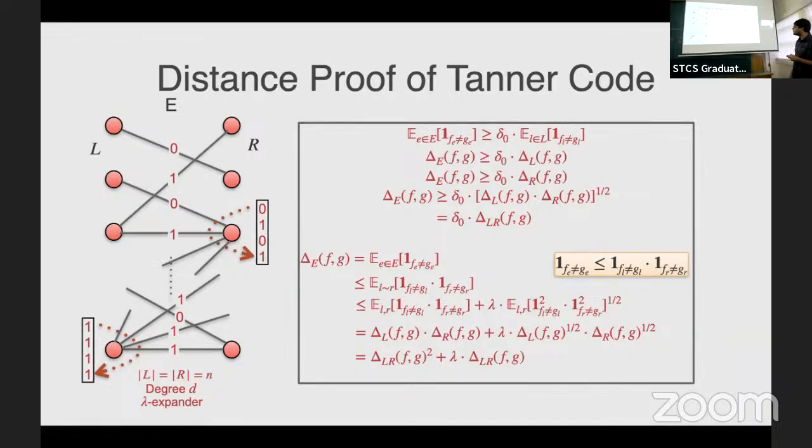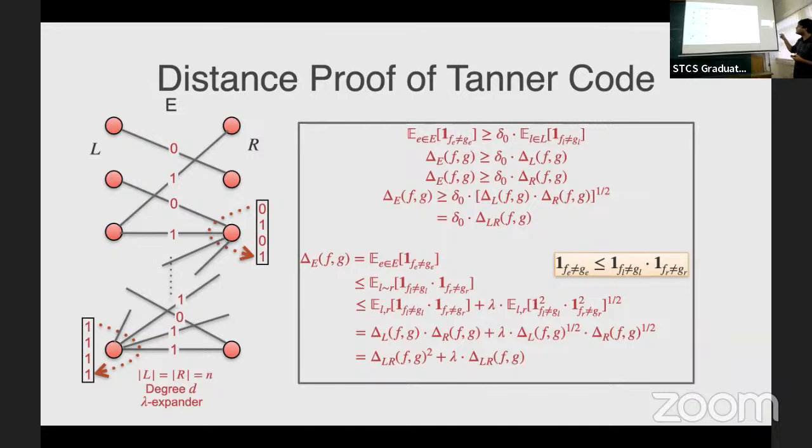This one will just split as a true product of delta L and delta R. The second one, even though it's squared, is just indicators, so we ignore that. They will also become delta L, delta R. This thing, remember, we had called delta LR. So you get delta LR squared, delta LR. You get a quadratic inequality basically.